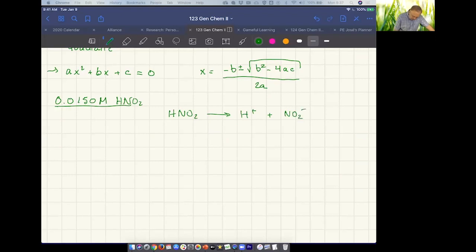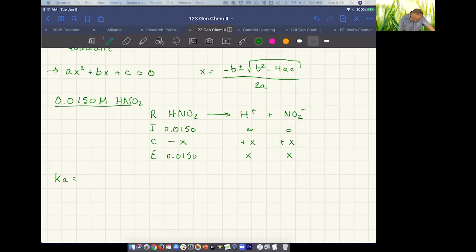And here we have, oops, this is a Rice, initial, change, equilibrium. So 0.0150, 0, 0, minus x, plus x, plus x, 0.0150 minus x, x and x.